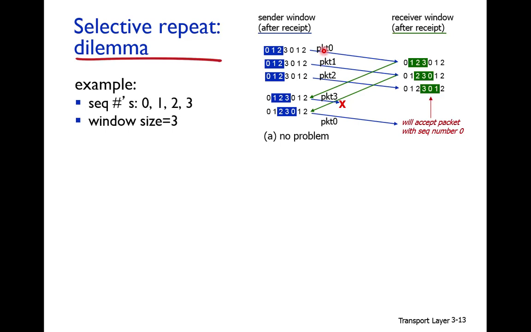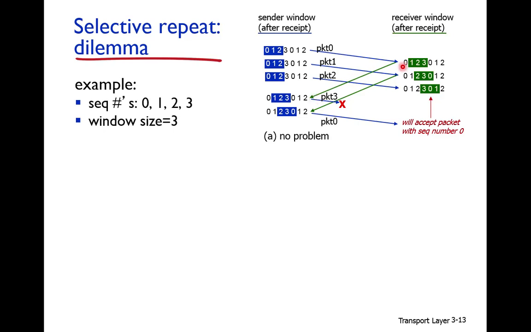So suppose packets number 0, 1, 2 are sent. Okay, so similarly the receiver is expecting packet number 0, and when packet number 0 is received, it is in order, it will be delivered to the application, and it will send acknowledgement number 0 for this packet.